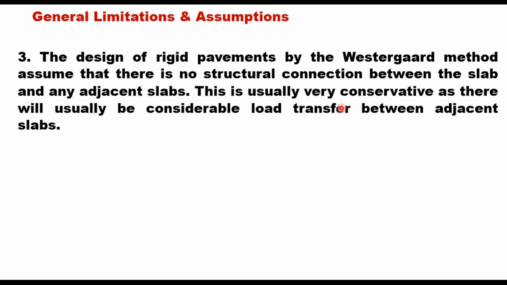This is usually very conservative, as there will always be a considerable load transfer between adjacent slabs. In fact, when we use double bars between two slabs, the function of double bar is to transfer the load. And a properly designed and constructed pavement will usually transfer at least 75% of the load across the joint.